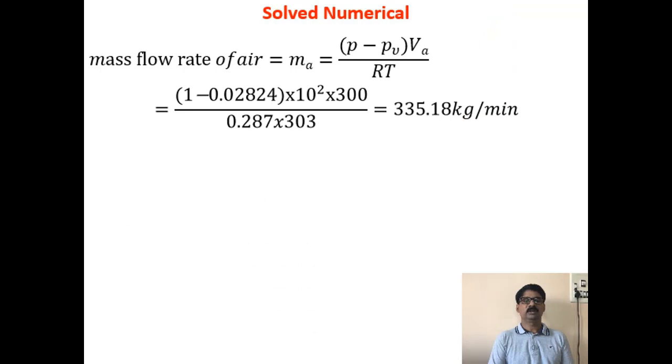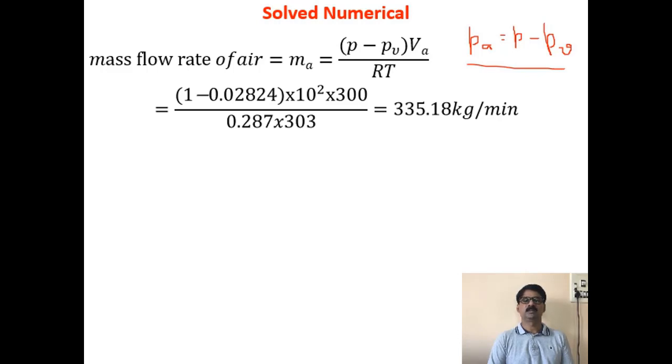Now the mass flow rate of air, MA, is PA into VA by RT. As all of you know, PA is P minus PV, because the partial pressure of air is the total pressure minus the partial pressure of vapor. From Dalton's law, P is equal to PA plus PV, or PA is equal to P minus PV.